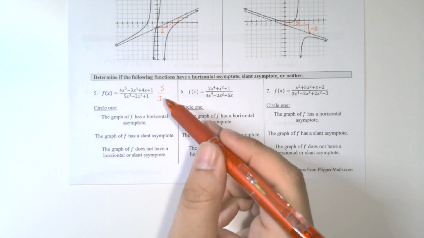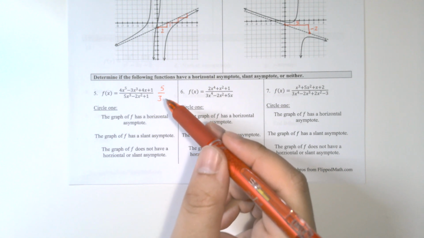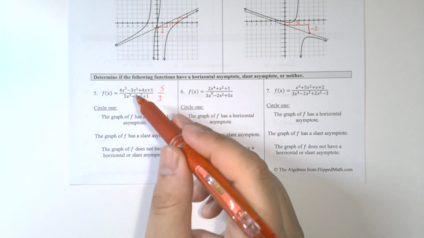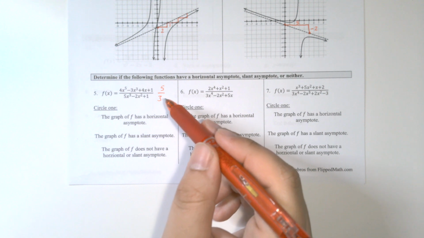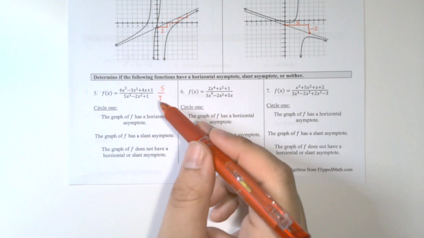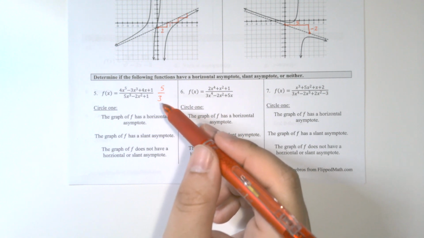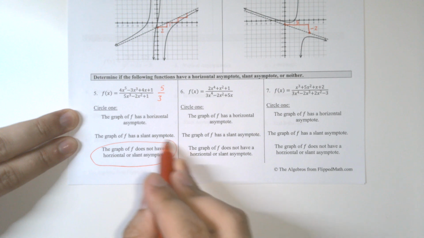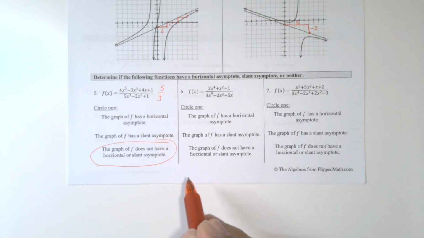It'll be an asymptote given by some higher degree polynomial. In fact, this function will have a parabolic asymptote because 5 minus 3 is 2, and a second degree polynomial is a parabola. But we would say that this does not have a horizontal or a slant asymptote.